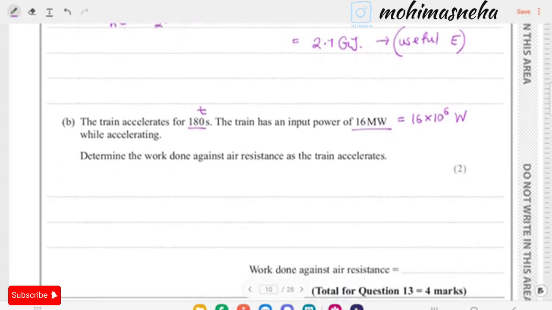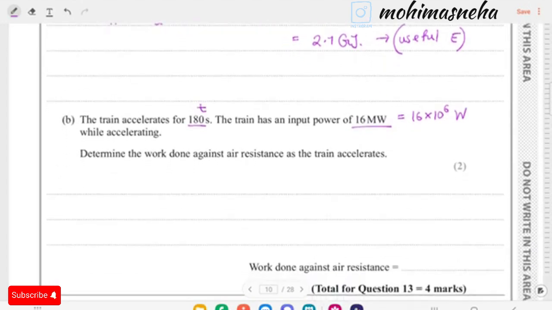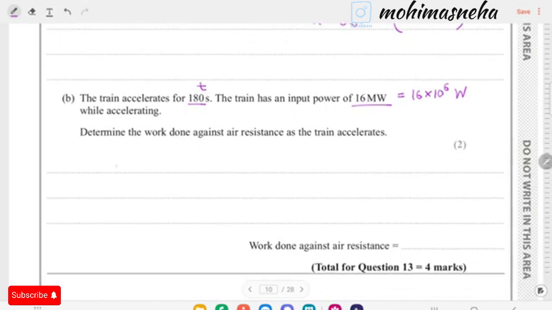So in that case, we cannot directly find how much energy was invested to work against the air resistance. What we can do is find the total energy, because the total input power is given, and we can also find the energy using this time. So we can use the equation energy equals power into time, where power was given as 16 into 10 to the power 6 multiplied with 180.